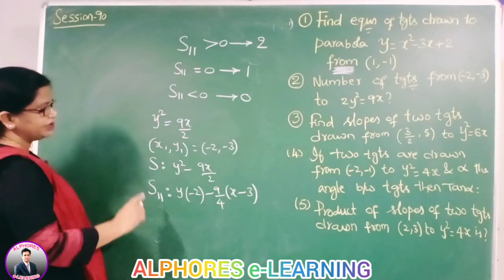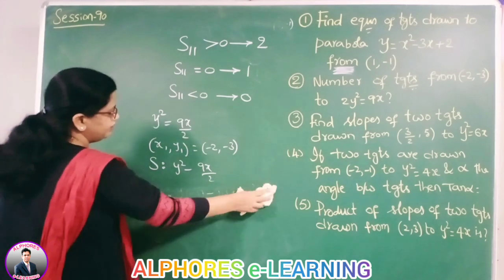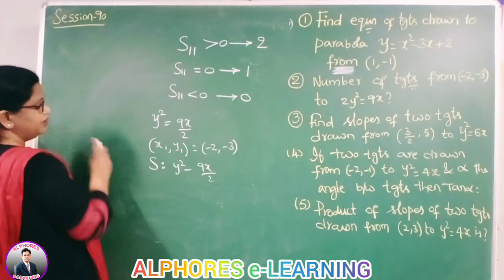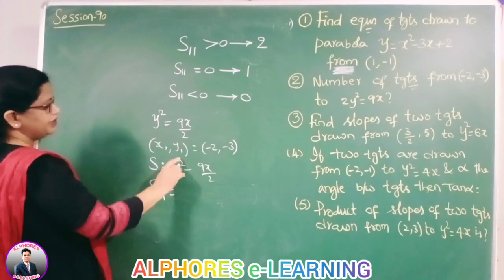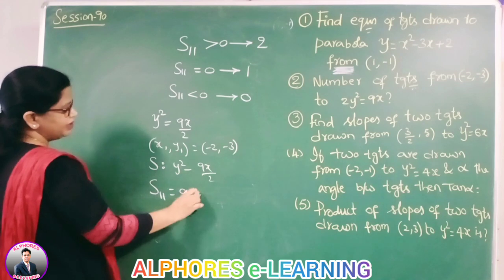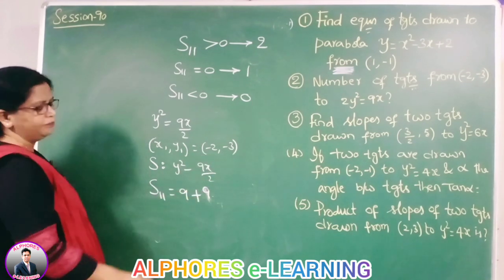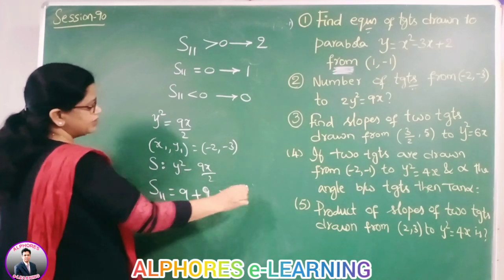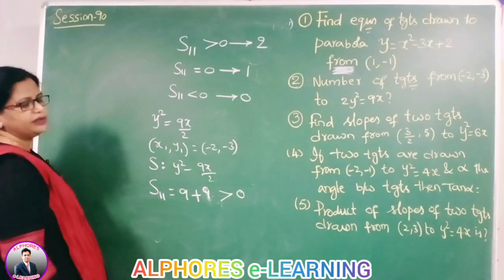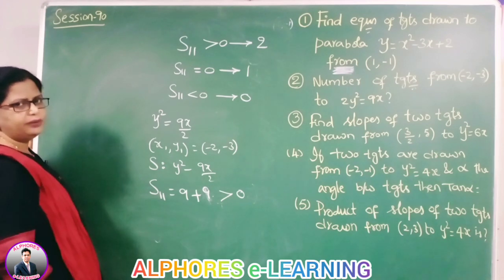So substitute directly here, that is S11 is how much here? 9, and minus into minus plus 18 divided by 2, that is you got here 9, implies this is greater than 0, implies the point is outside, therefore number of tangents is here how much? It is equal to 2.